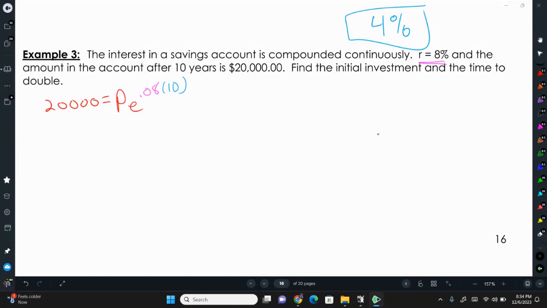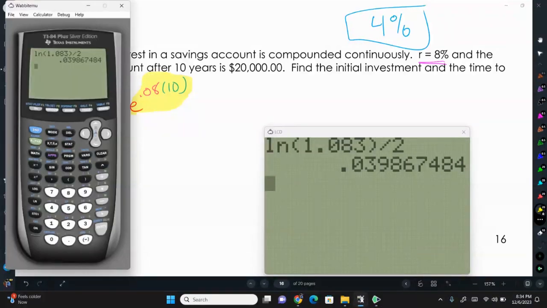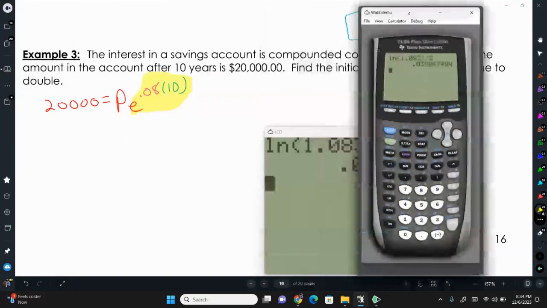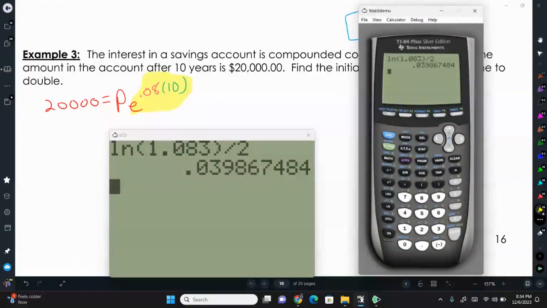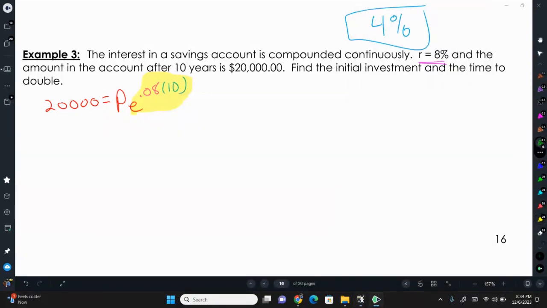Now, what we can do is, since e is a number, we can just type this into the calculator. e to the 0.08 times 10 power, and we get 2.226.